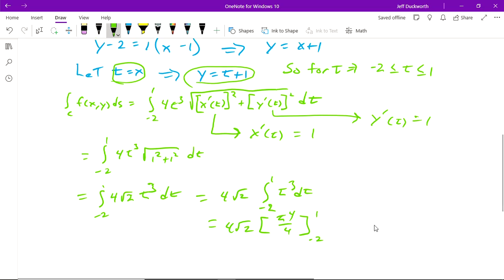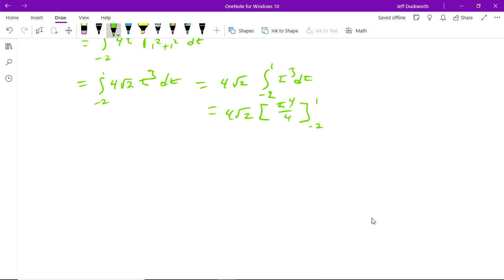Now, we've got a 4 in the denominator and a 4 outside, which can cancel. So this equals root 2, and then we're going to take t to the 4th power, -2 to 1. Our 1 is on top, it goes first.